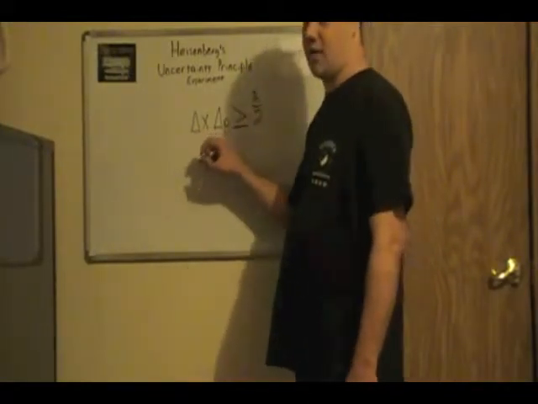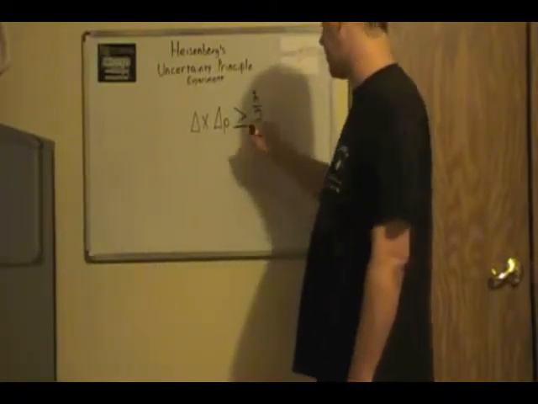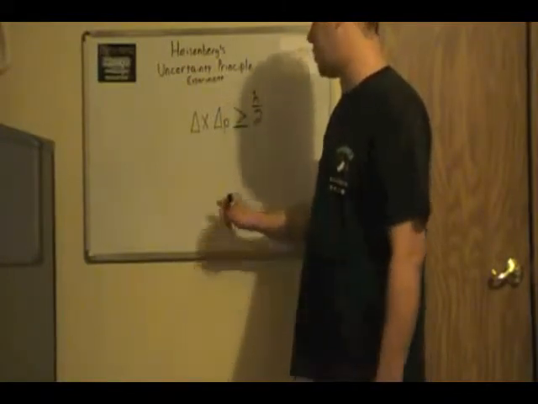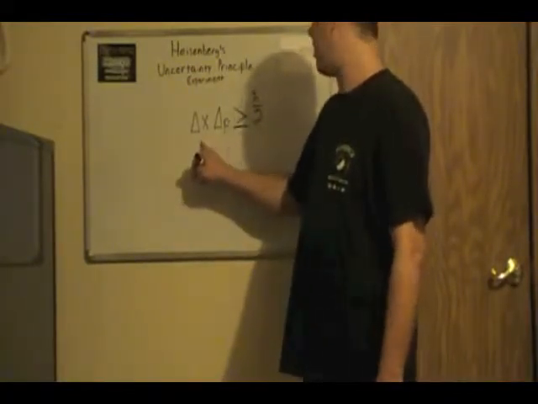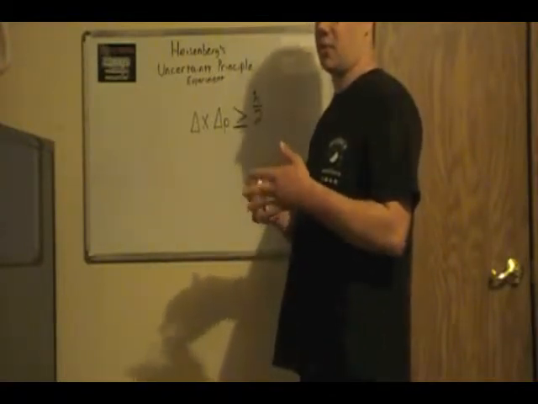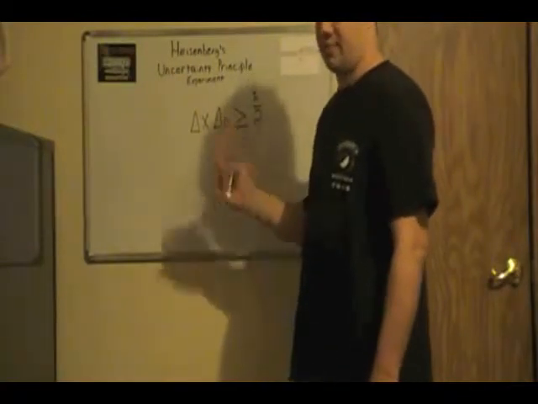Between these two properties, we must always be at least this uncertain. Basically what this means, between where it is and what direction it's going in, between those two, there needs to be at least this much uncertainty.